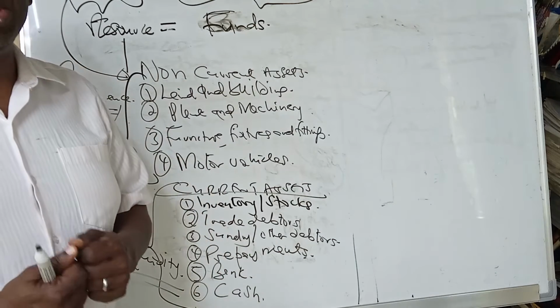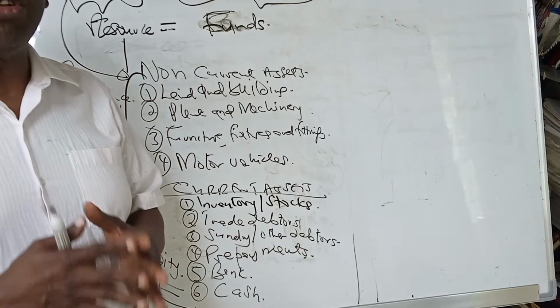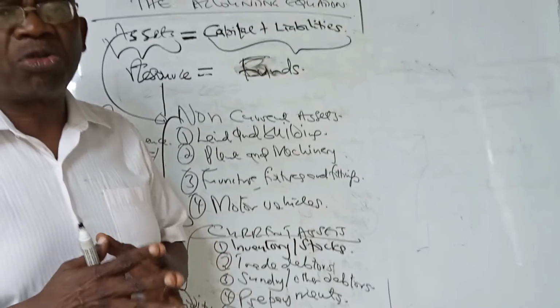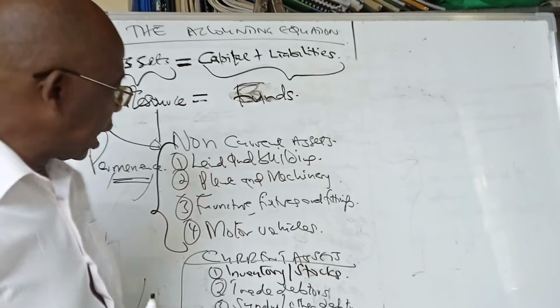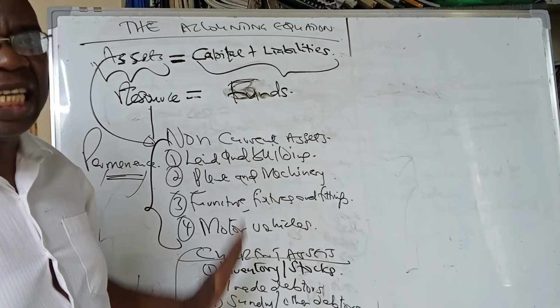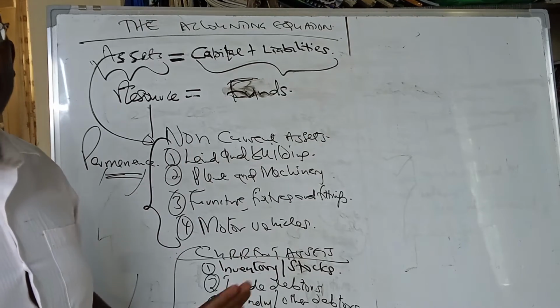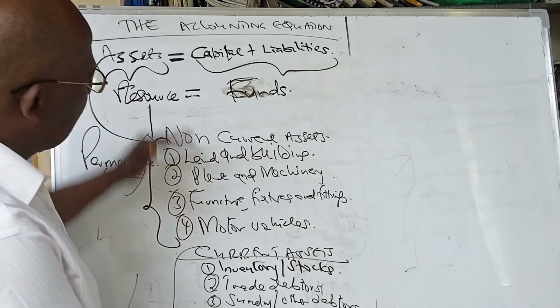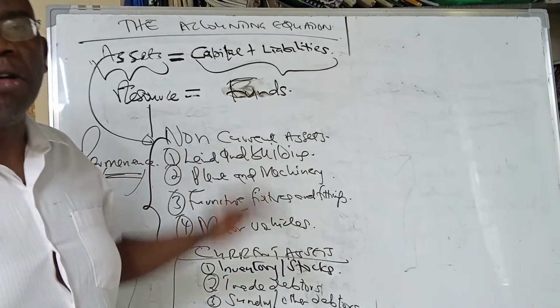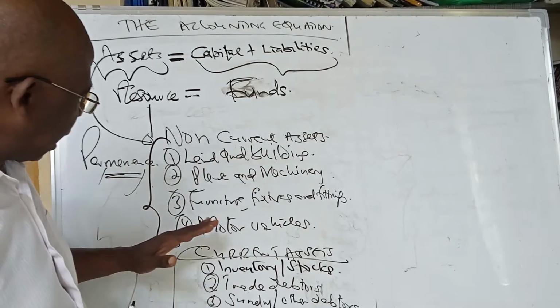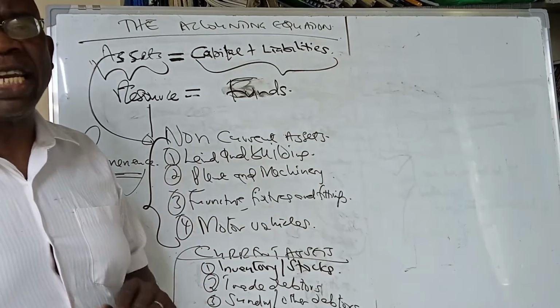Very soon, we will introduce you to the preparation of something called a balance sheet, and you will need to remember this very much. As you prepare your balance sheet, you must strictly follow that order. The current assets are arranged in order of liquidity.